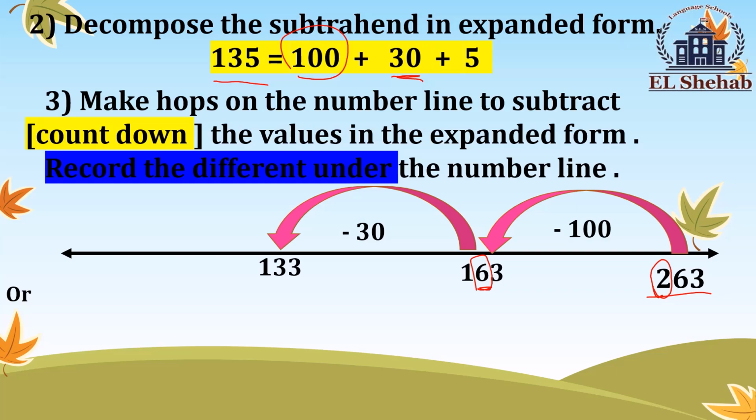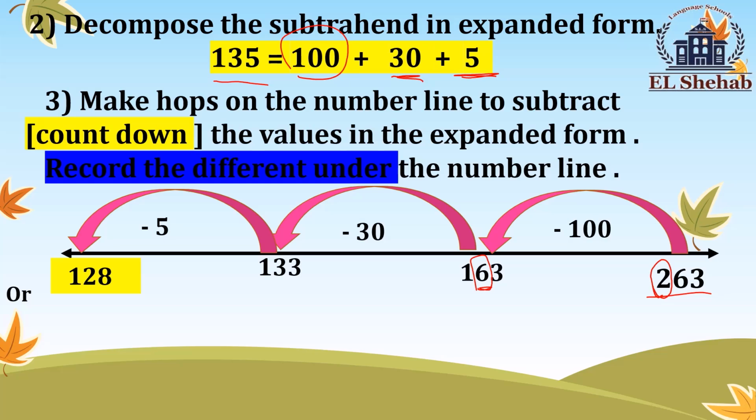Now it's time to subtract the ones. Let's go back 5 steps. I can count back 5, like before 133, 132, 131, 130, 129, 128.